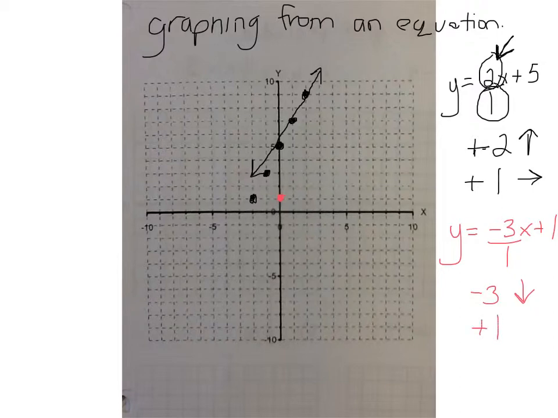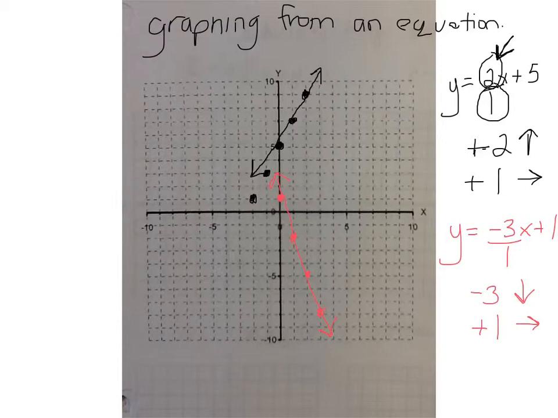And the bottom is positive 1, so we know it goes to the right. So down 3 over 1, down 3 over 1. Okay, and then we would join that with the ruler and put the arrowheads on the ends because that indicates that it goes on forever, which it does.